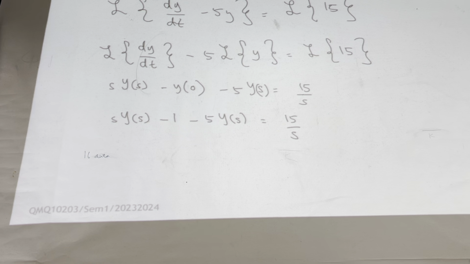So now we are going to solve for Y(s). First, we are going to transfer this minus 1 to the right hand side, and then we are going to group sY(s) and minus 5Y(s). So we have sY(s) minus 5Y(s) equal to 15 over s plus 1.